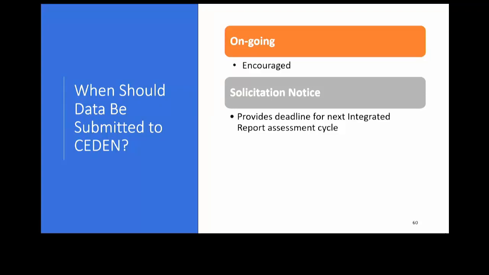So we encourage ongoing submittal. But when that process does occur, a solicitation notice is sent out and generally publicized, so that you know your end date of when the data need to be submitted in order to be considered for that particular assessment period.